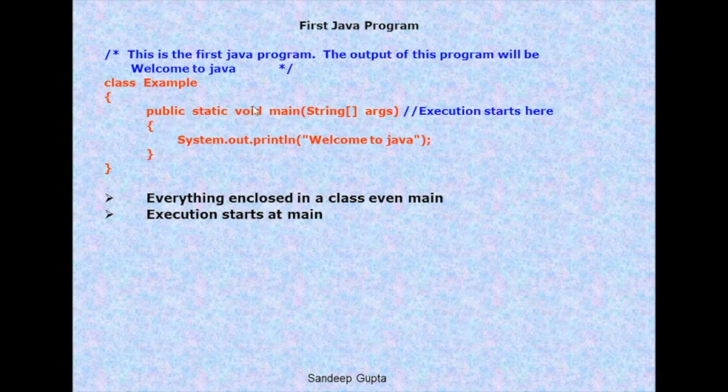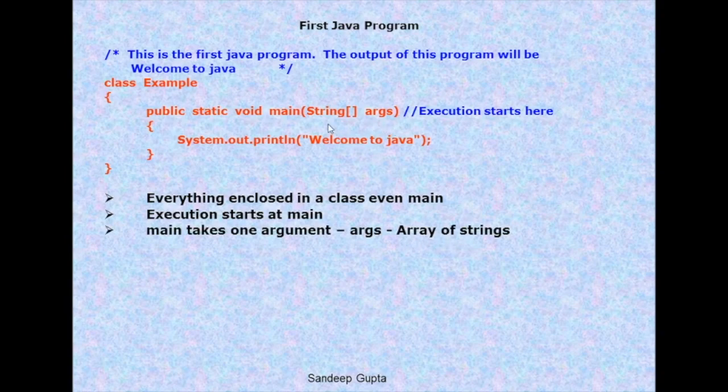Okay. Now try and tell me that in C language, what you used to write between the two parentheses. That means what you used to write over here? Nothing. We used to keep it empty. So this means that the main of C language does not take any arguments, while the main in Java takes one argument. That one argument is called args, and args is an array of strings.